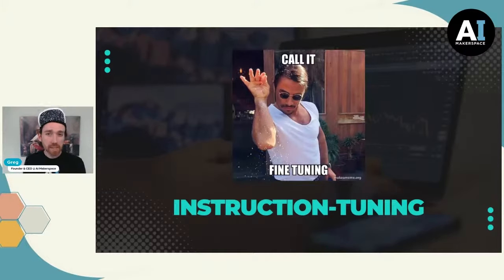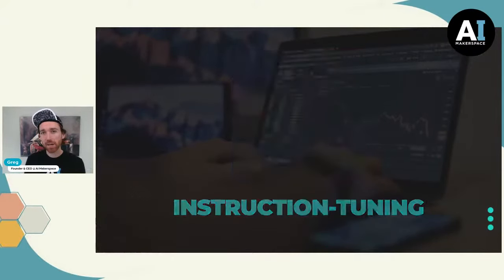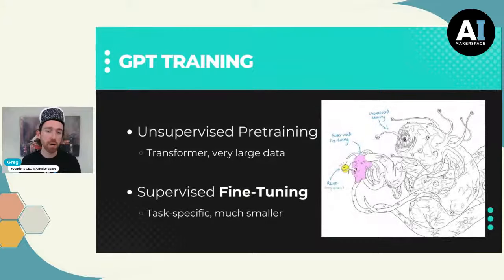But today, if you think about how these generative pre-trained models are working at a fundamental level, they were trained using unsupervised pre-training on very large amounts of data, with transformer architectures, and then they were fine-tuned to be more task specific.